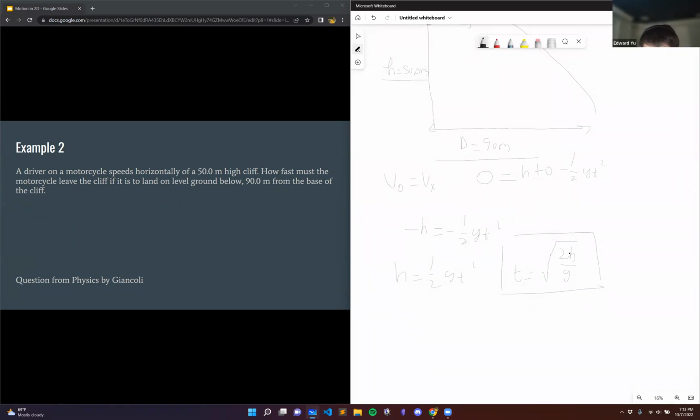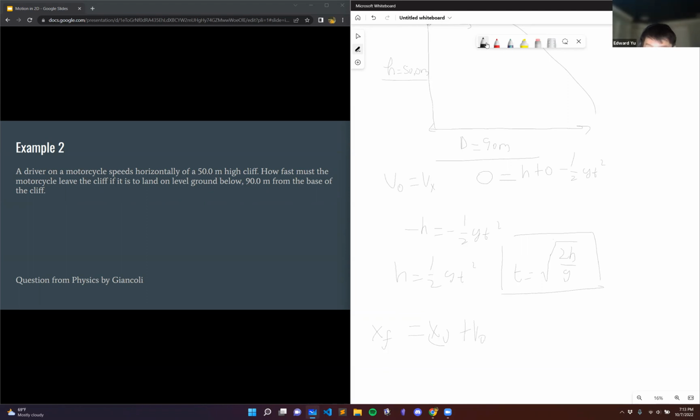Since that's your time, now you want to use your x equations. You would have your final x, which is 90 meters, equal to your initial x. Since my coordinates start up here, the initial x could be at 0. Then plus v.